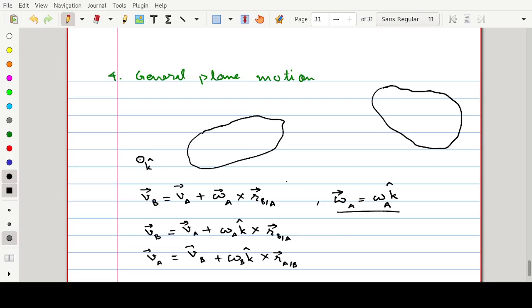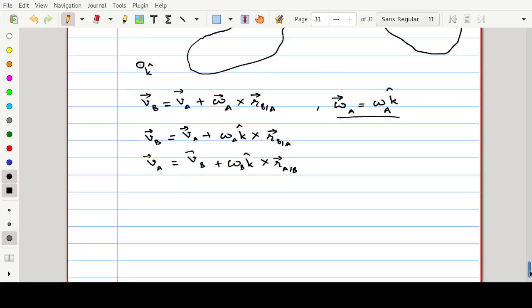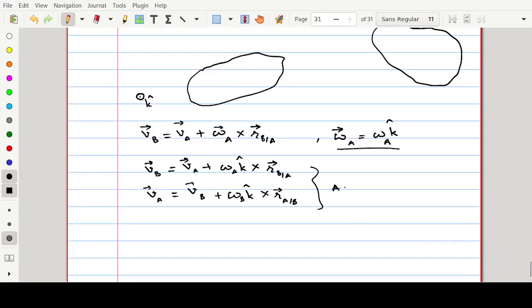Now if I add these equations, Va, Vb and everything will cancel out. What will remain is omega A k cross RBA plus omega B k cross R AB is equal to 0.